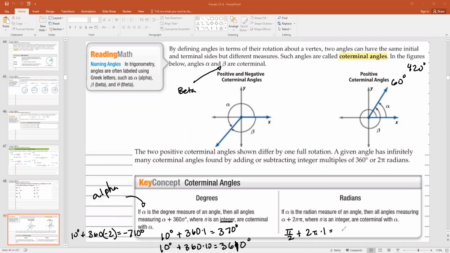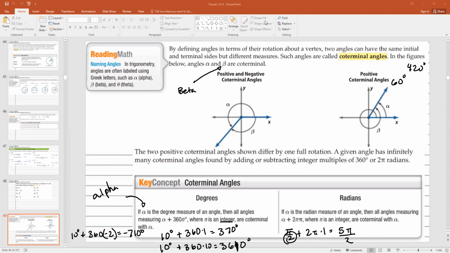That's going to be 5 pi. That's how you add a fraction and a whole number. So 5 pi over 2. You multiply the denominator and that whole number, and then you add it to the coefficient or the numerator there.